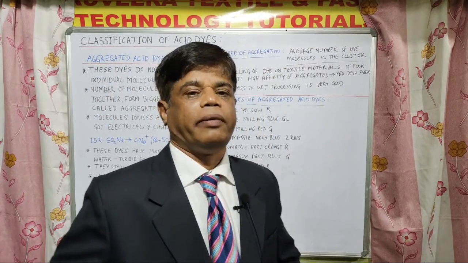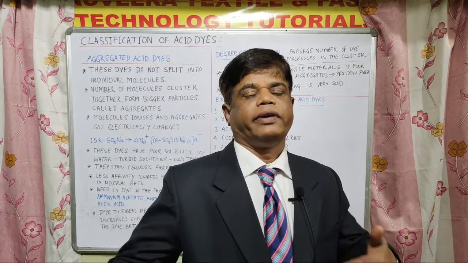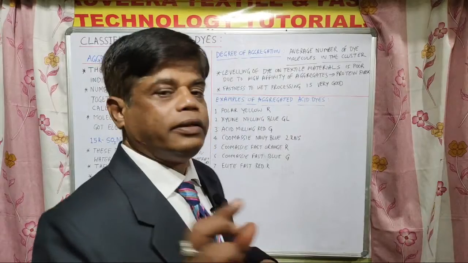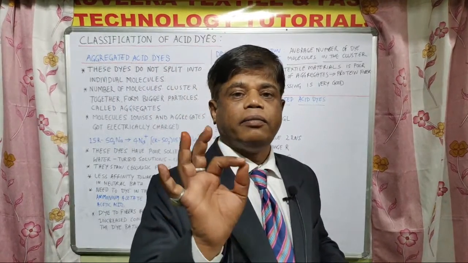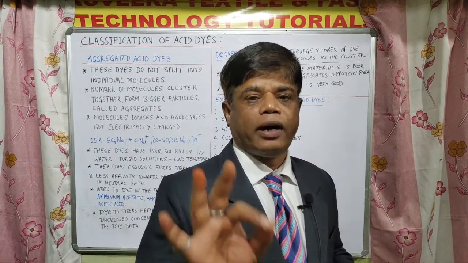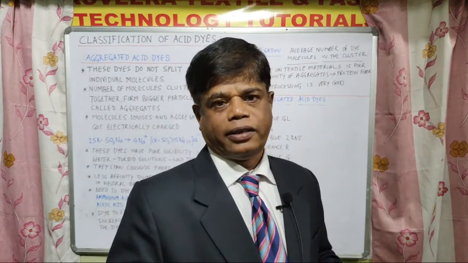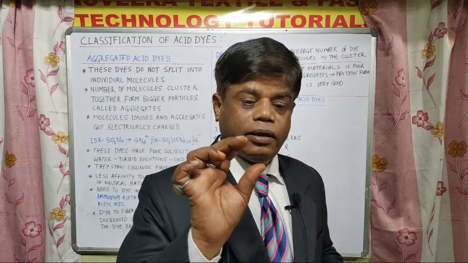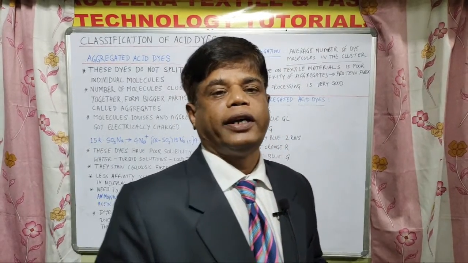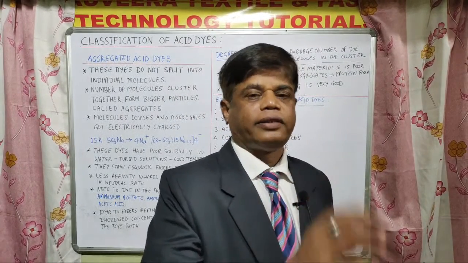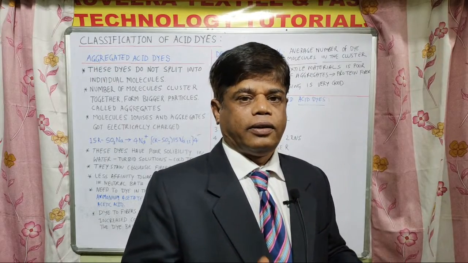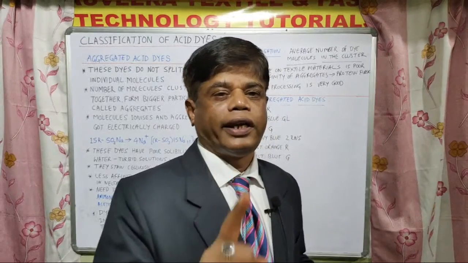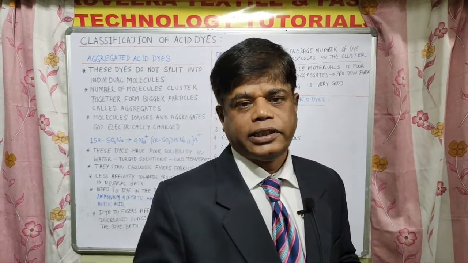The dyeing of the fabric widthwise or lengthwise will not be good, because individual molecules do not take part in the dyeing of the fabrics or yarns. Here, groups of molecules together take part in dyeing. Understand, individual molecules are not taking part in dyeing of textile materials, yarns or fabrics.